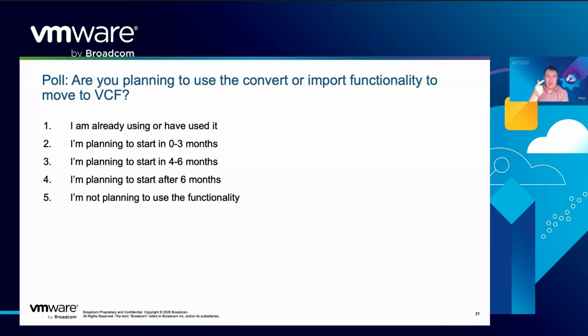Workload domain, not required. You still have to have NSX configured, whether it's an existing one or a new one. So at least NSX has to be configured for each workload domain, whether it's actively used or not. Some people are waiting to do that, and sometimes people jump right in and take advantage fully.